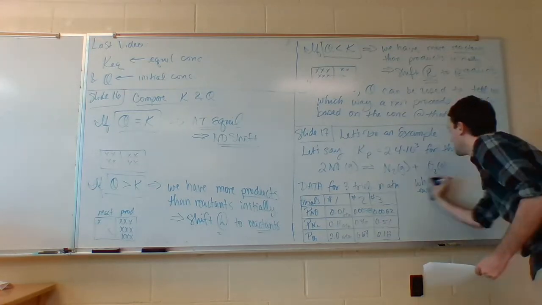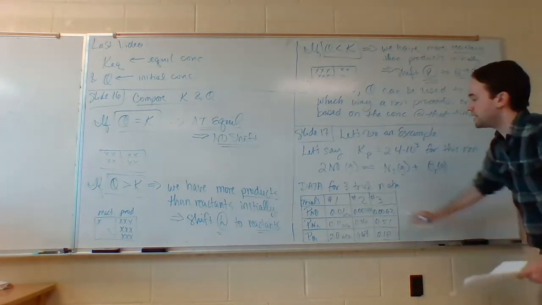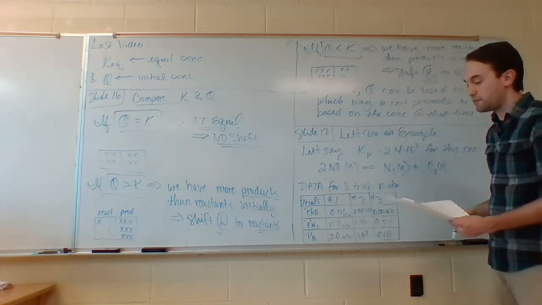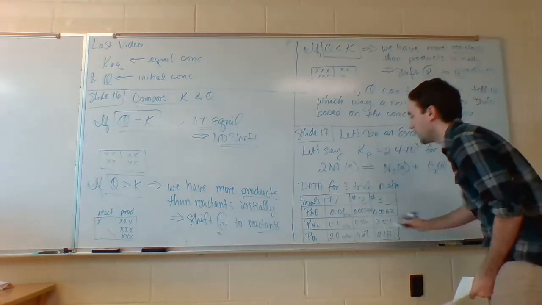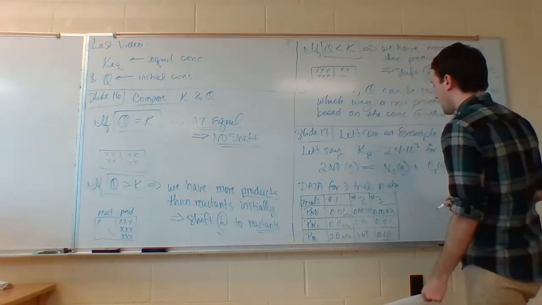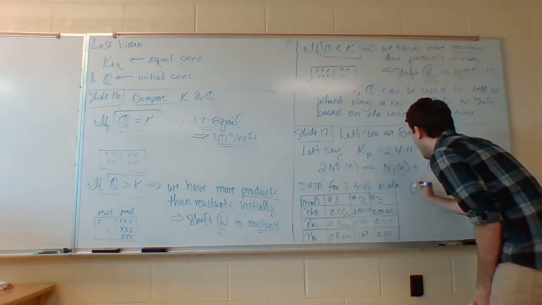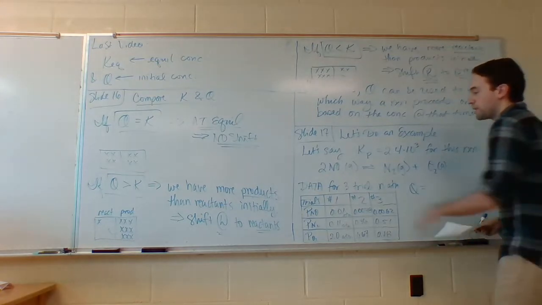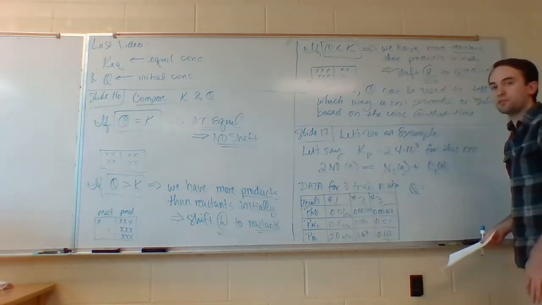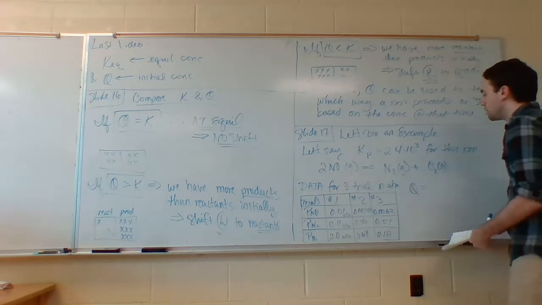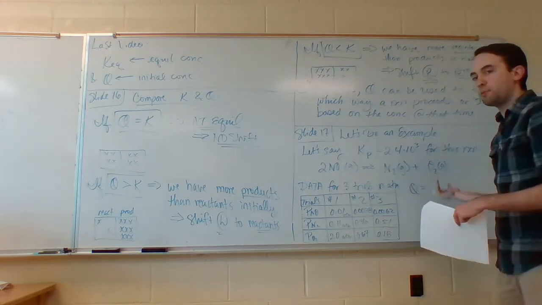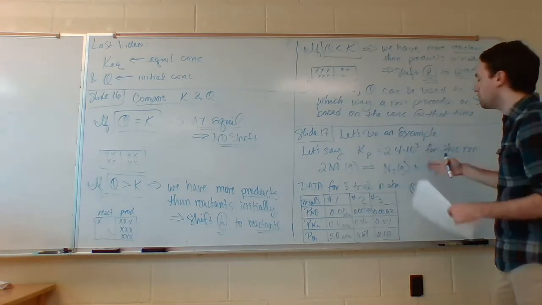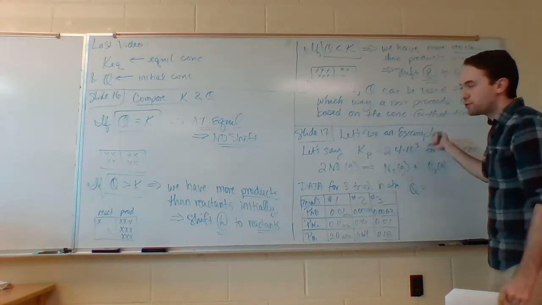If we want to find the shift for each trial, let's take a look at trial 1. Again, this data is in the upper right-hand corner of slide 17. Looking at trial 1, let's write our reaction quotient to figure out if we're at equilibrium. We're going to take our initial concentrations or our initial partial pressures, because remember, we can represent K or Q as concentration or pressure.